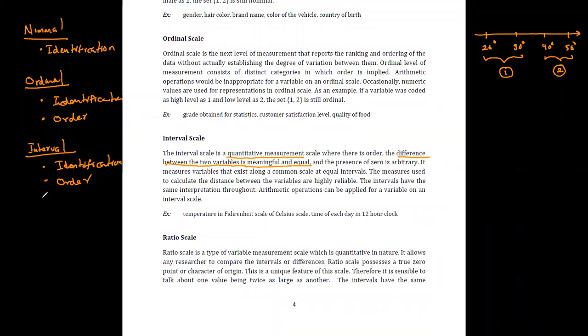And the next important thing is that zero is arbitrary. It means that zero is a relative measurement here.